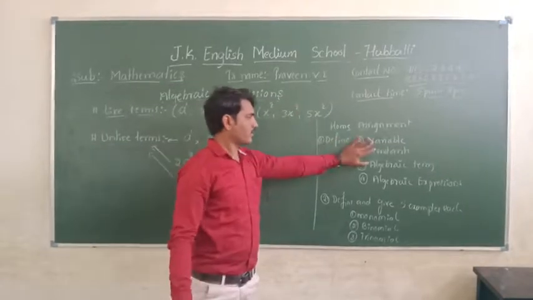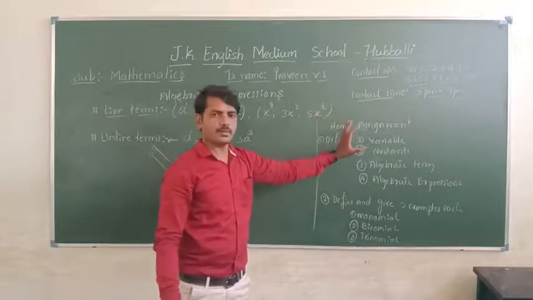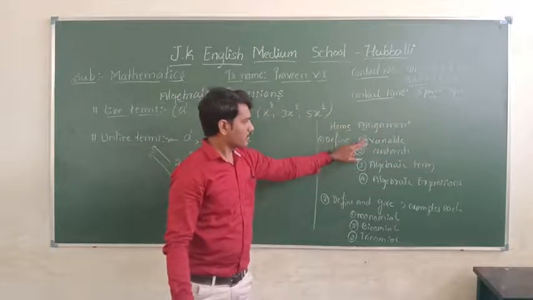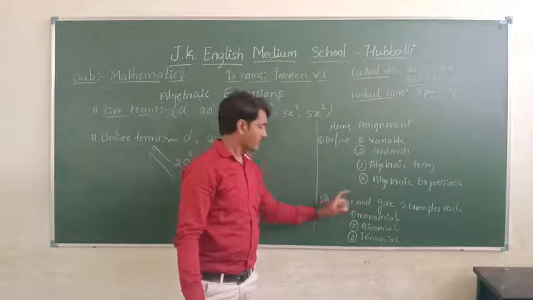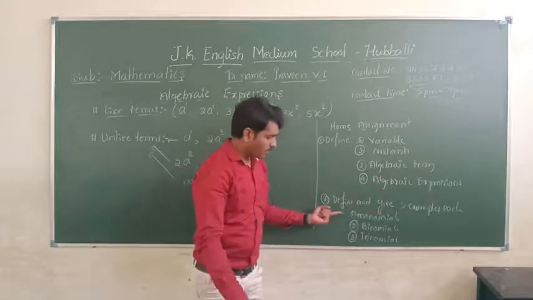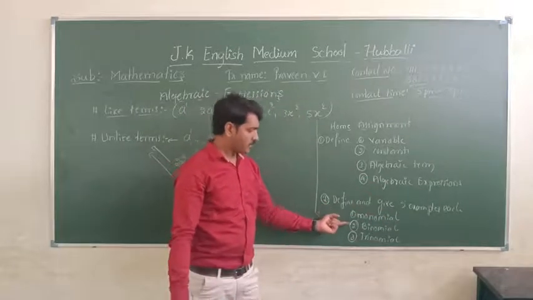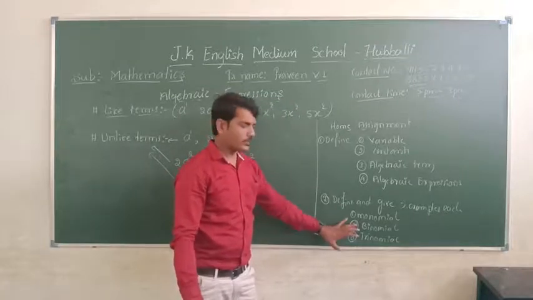Just write the definition of variable. If you need, write an example, otherwise no need. Just write the definitions of variable, constants, algebraic term, algebraic expressions. In the second statement, define and give 5 examples each. Define monomial and give 5 examples. Define binomial, give 5 examples. Define trinomial and give 5 examples.